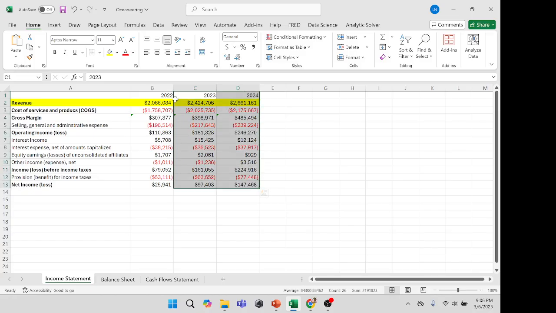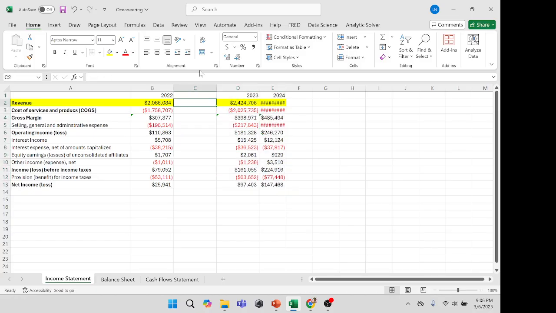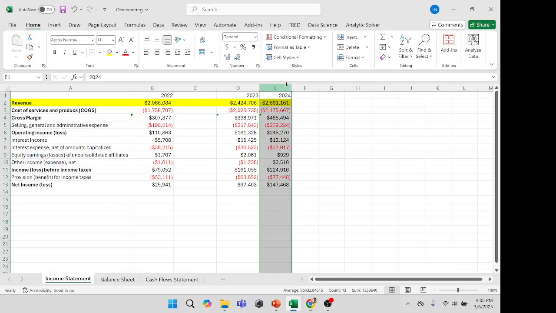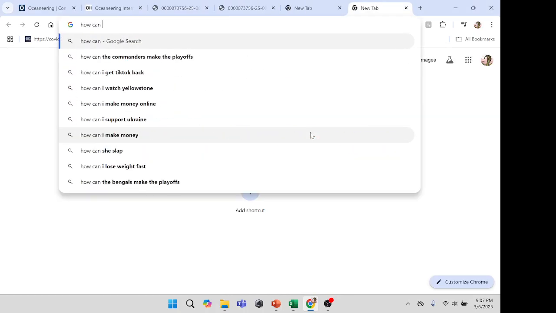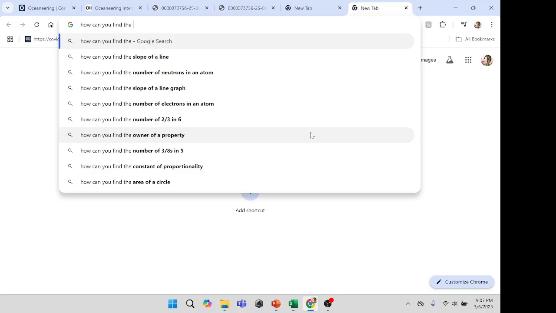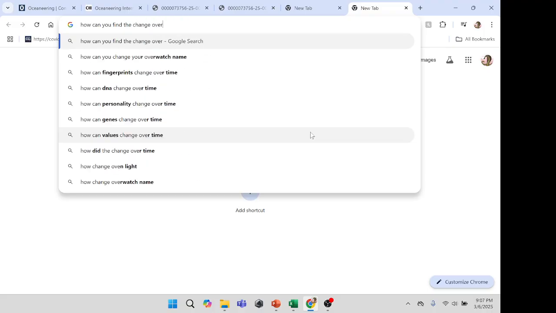The way you're going to do it is you take 2023, subtract 2022, and divide by 2022. Very simple. How can you find the change over time?